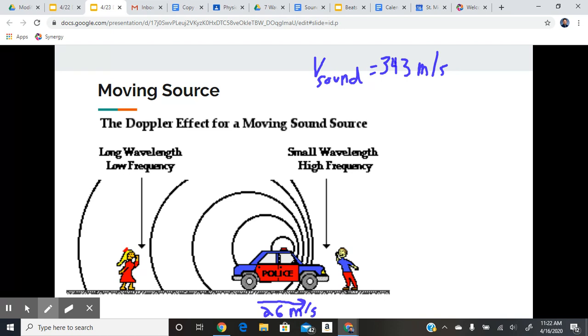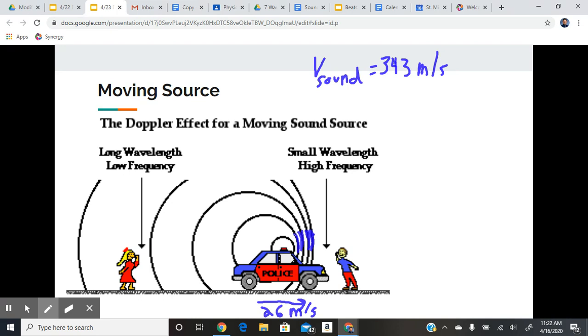But even though it's moving at a small fraction, you're going to have all these waves in front of it that are not going to be spaced as far apart, because it's going 26 meters per second itself.